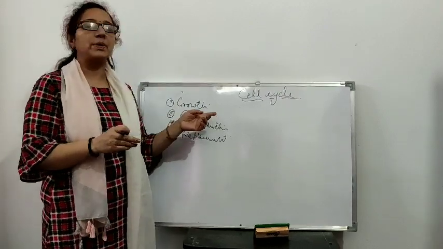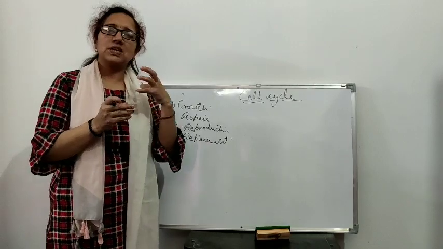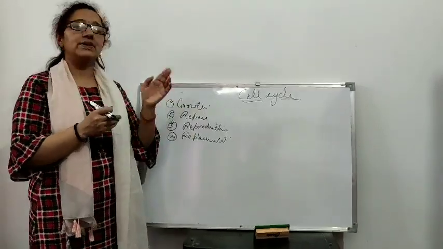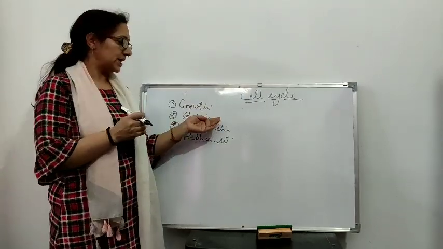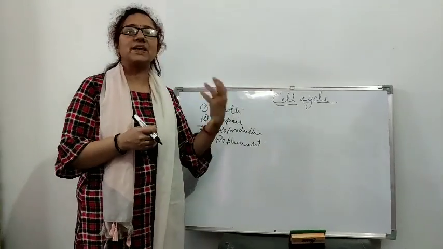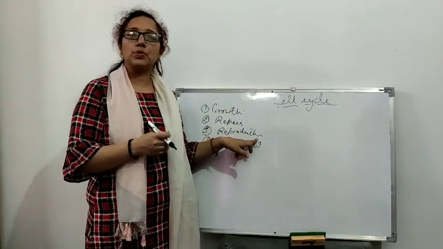It gets repaired. Repaired means your cells are dividing, and the cells lost due to the damage or injury are replaced because your body is undergoing cell division. So again and again there is cell division, new cells are produced and they replace the old cells. Got it?